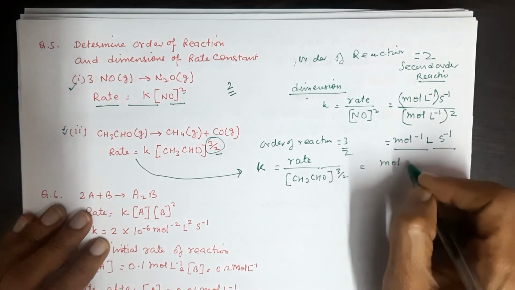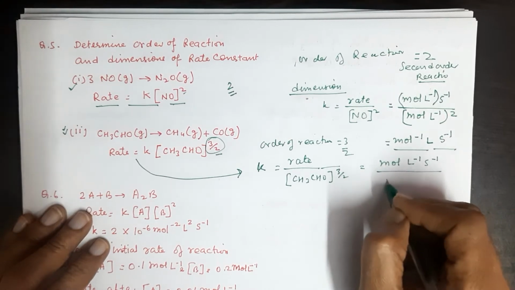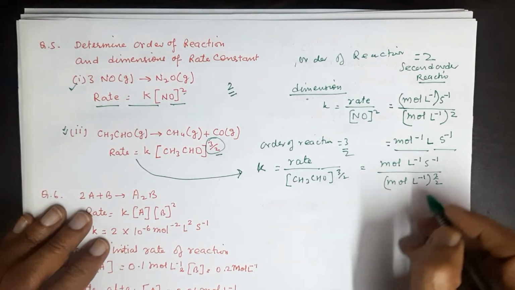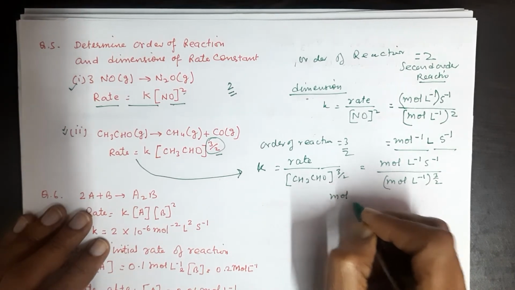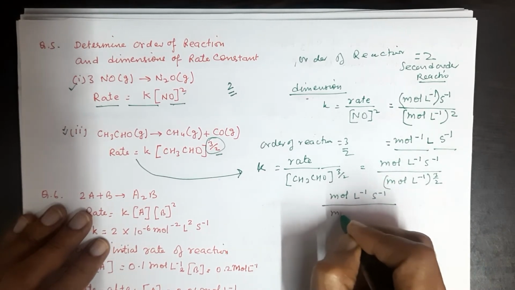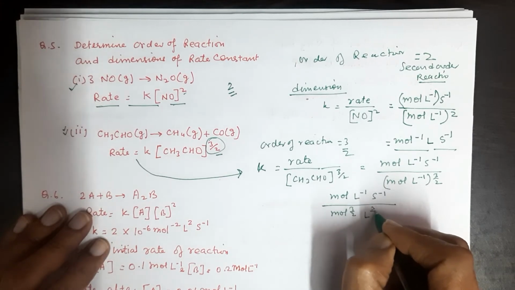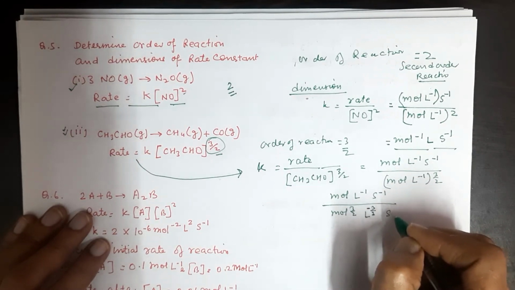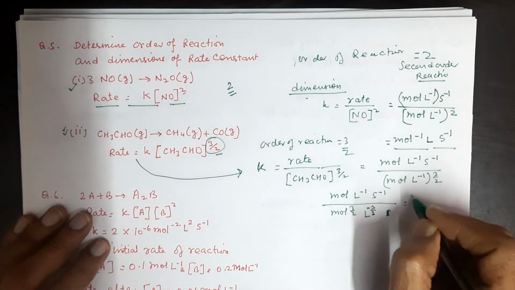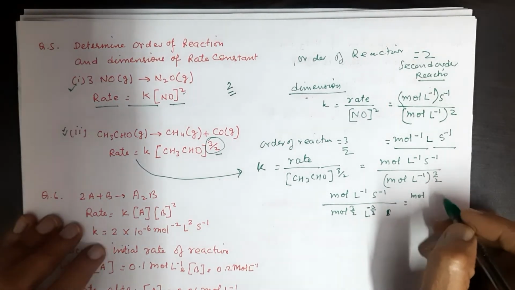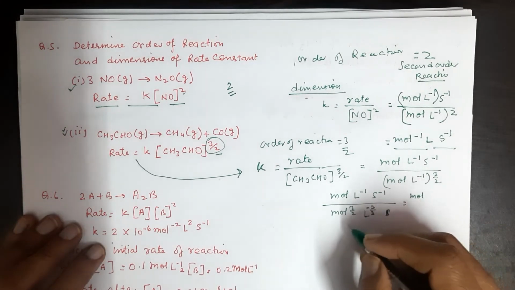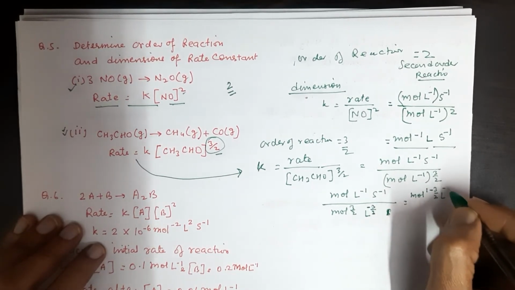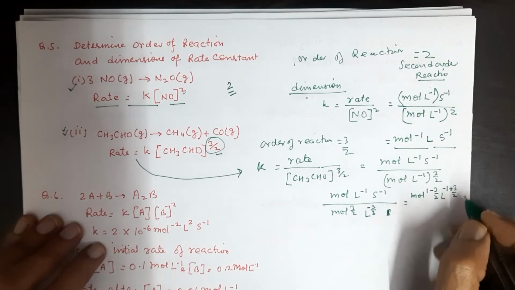Rate is mole per liter per second, and concentration is mole per liter to the power 3/2. Calculating further, it becomes mole to the power 1 minus 3/2, which is minus 1/2, and liter to the power minus 1 plus 3/2, which is 1/2, and second minus 1.